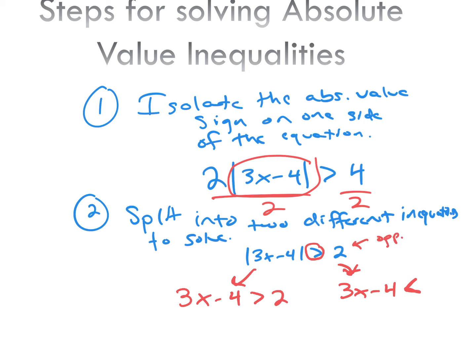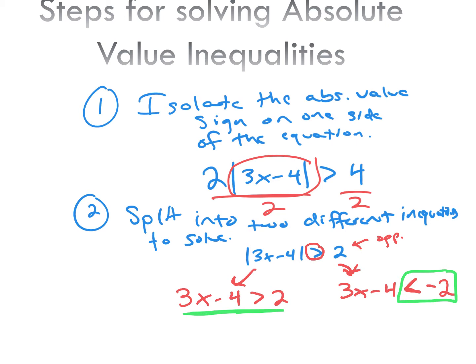So if it was a positive 2, we're going to say less than negative 2. So again, the equation is always the same without the absolute value symbol. That's what you want to solve. But the other thing you do is just change those last 2 parts: change the inequality sign and then make it opposite of what the other side was.